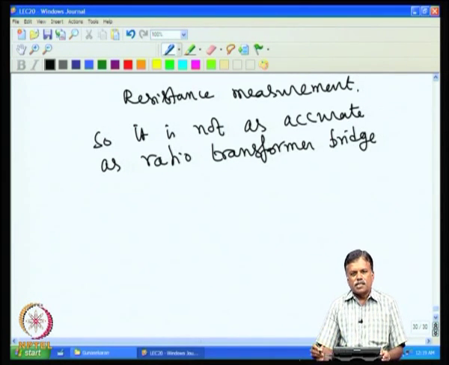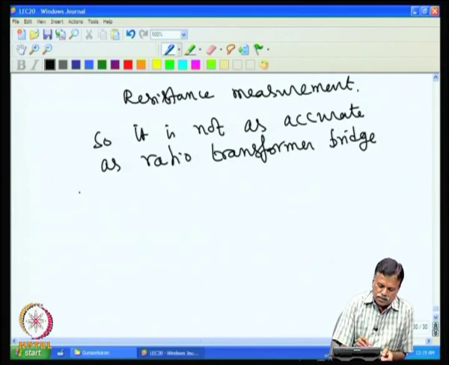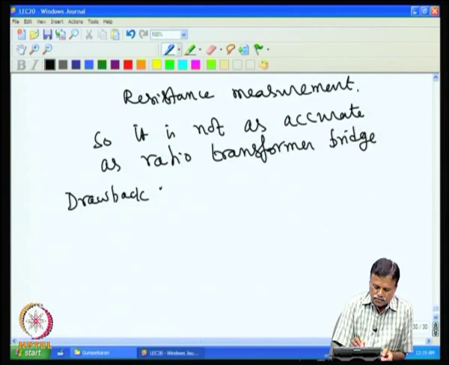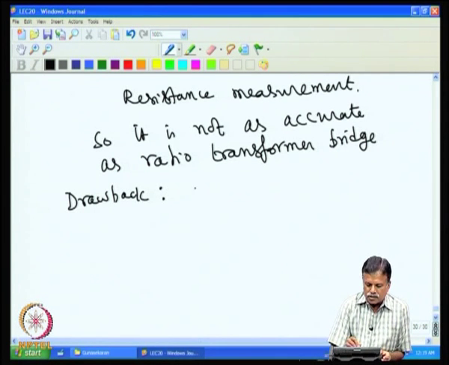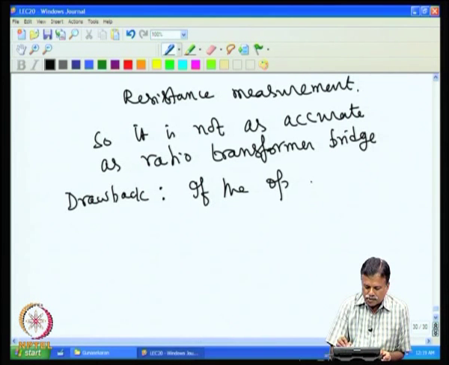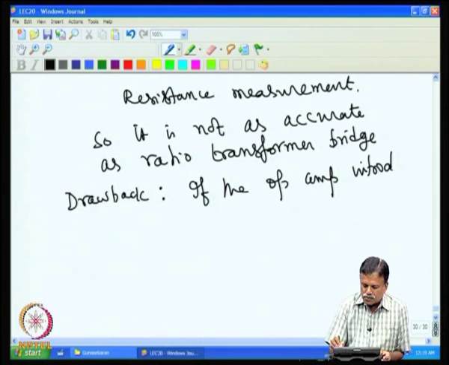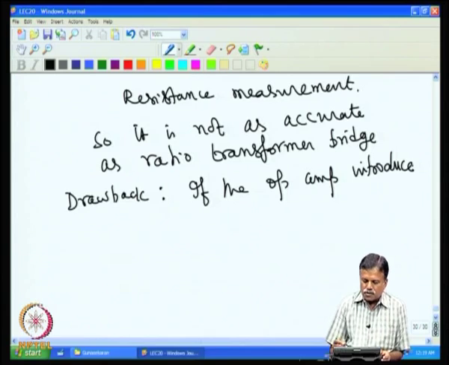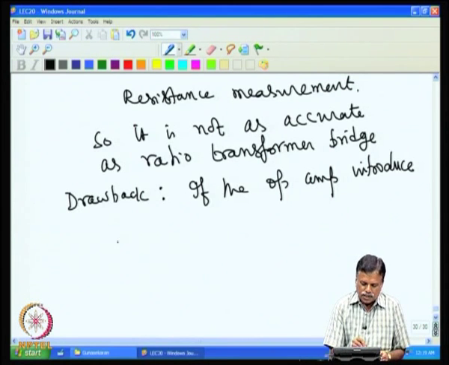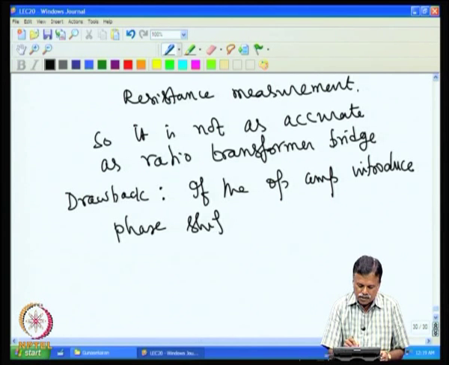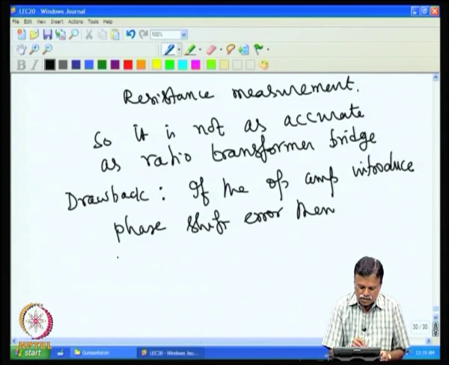In addition to this, it has another drawback, which is the main drawback. If the op amps introduce phase shift error, then the measurement will not be accurate.